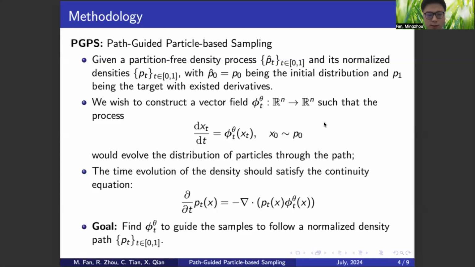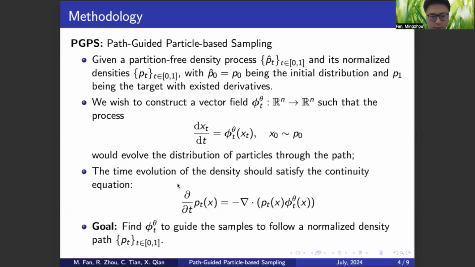As a particle-based sampling method, in PGPS, we aim to construct a vector field phi t. Here we use phi t theta because we want to use a parametric model to estimate it. And this ODE will drive the particles from t equal to 0 to t equal to 1. The time evolution of the aforementioned ODE is described by the continuity equation.